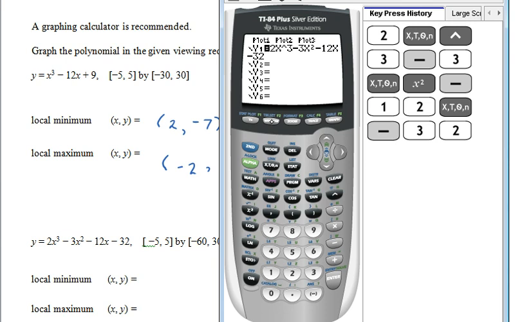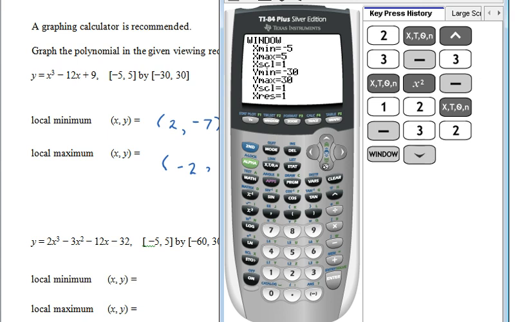We'll go to the window, and this time, again, we want the x min and x max to be negative 5 and 5. We want the y min to be negative 60. So use the down arrow to go down to the y min and enter negative 60. The y max is already at 30.